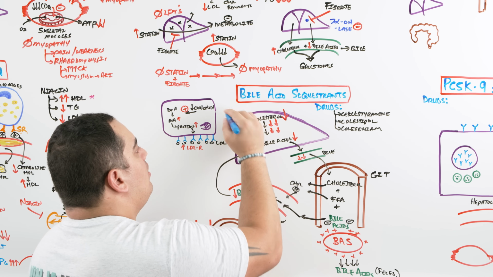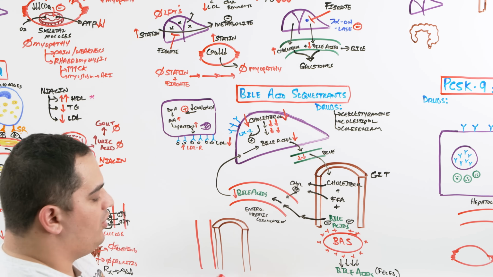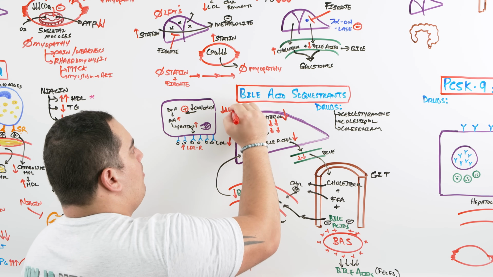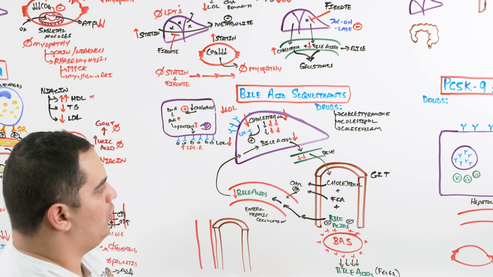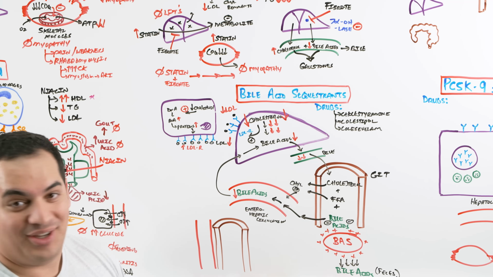And by making all of these LDL receptors, we're effectively going to lower the patient's LDL because we're going to pull more LDL into the actual hepatocytes, and so less of it is going to be within the circulation.